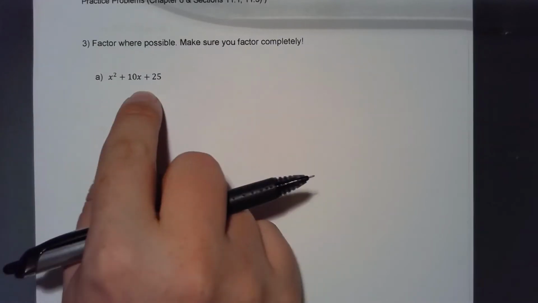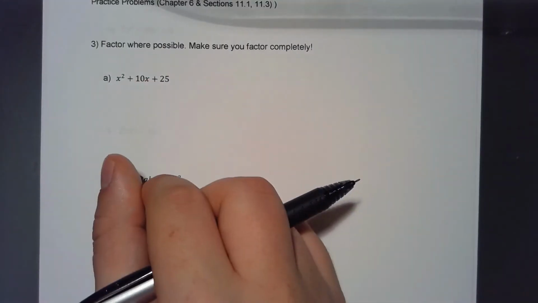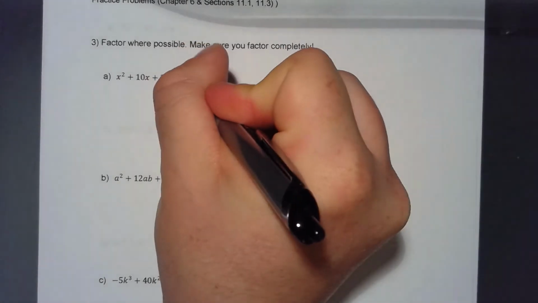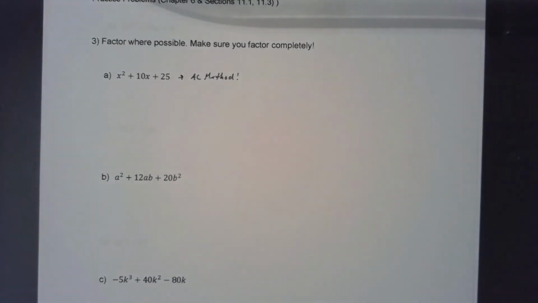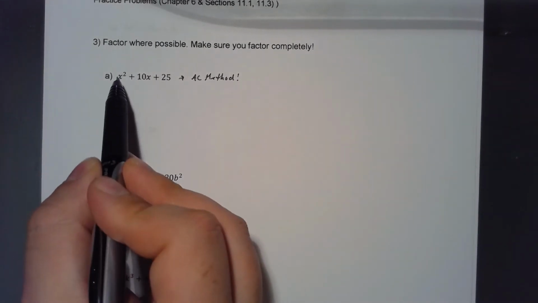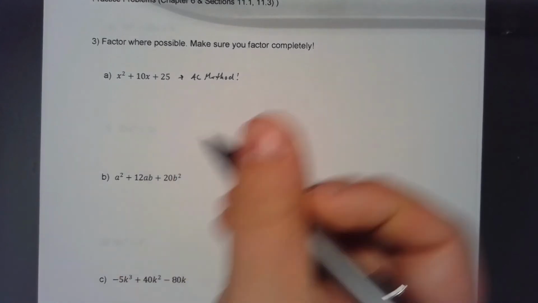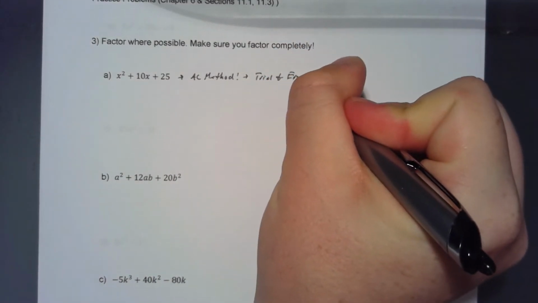Now in letter A, this is obvious. There is no GCF, but this is a quadratic. You should be able to recognize that by now, so you should use the AC method. You could use the AC method by grouping or by trial and error. Since the coefficient here is 1, trial and error will be the easiest.